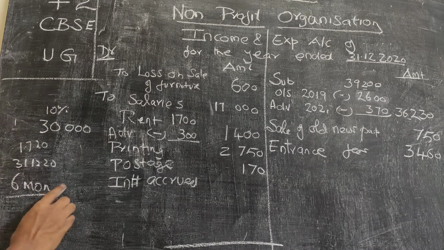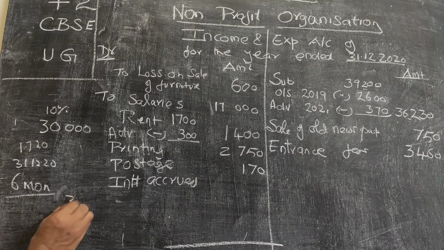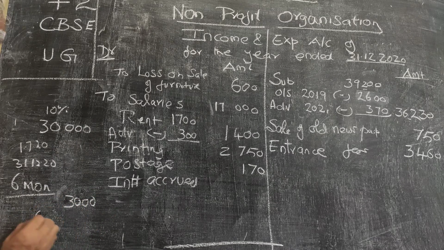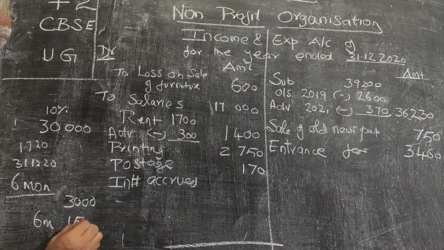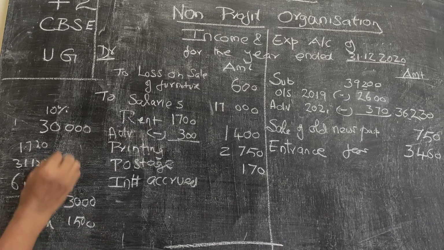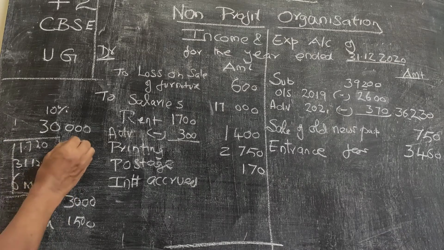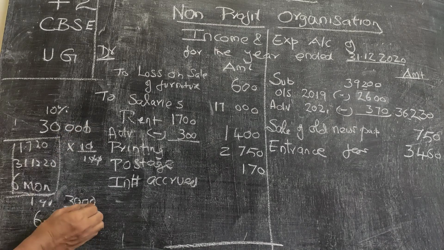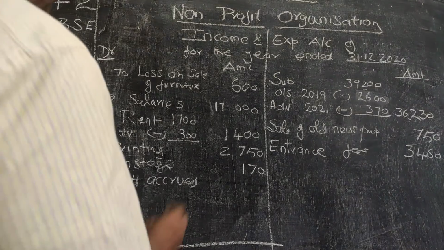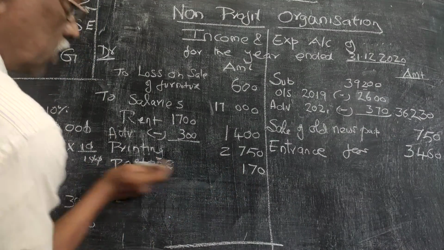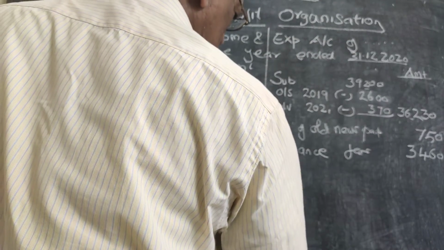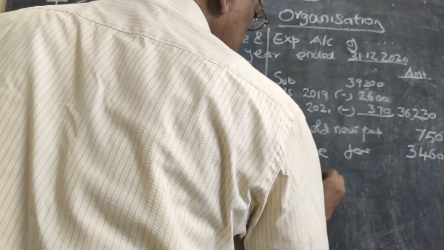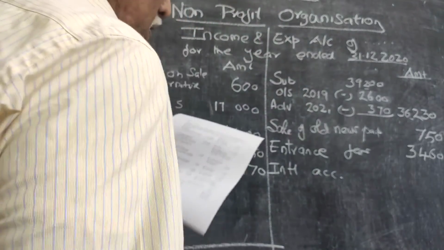For 10% interest per year will be 3,000. Therefore for 6 months 1,500. This is for 1 year, into 10 by 100. So cancel and cancel. 3,000 for 1 year. For half year it is 1,500. This is the interest accrued, but we have not yet received. So it will be an income. Interest accrued 1,500.